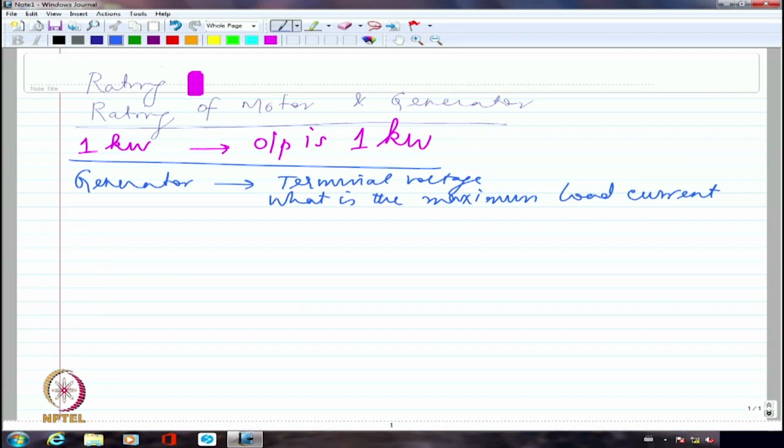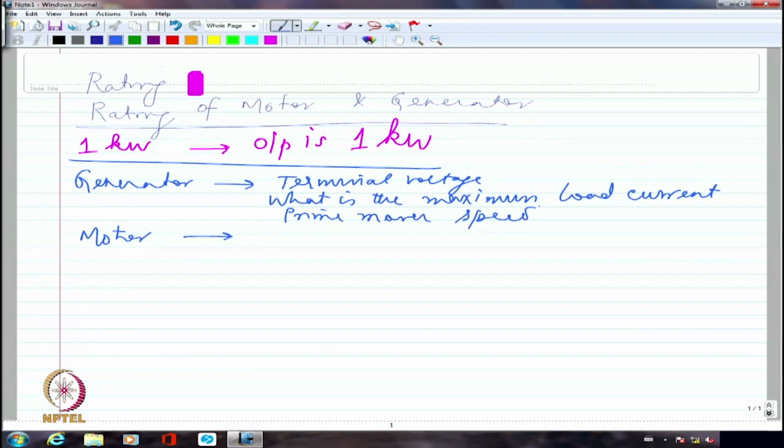Whereas if I am looking at a motor, I am basically looking at, first of all, what is the voltage that I am applying, because I am worried about the electrical quantity. Even here we would specify the prime mover speed. What is going to be the prime mover speed?